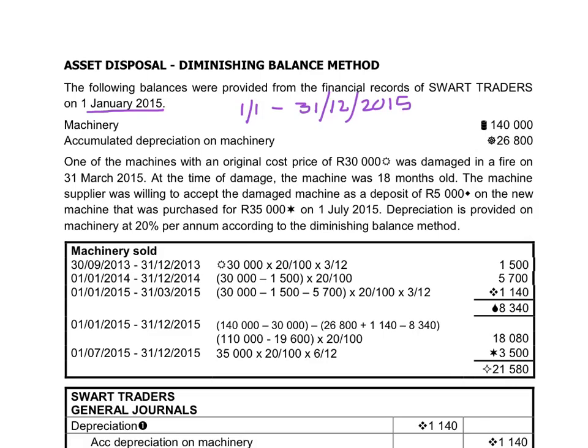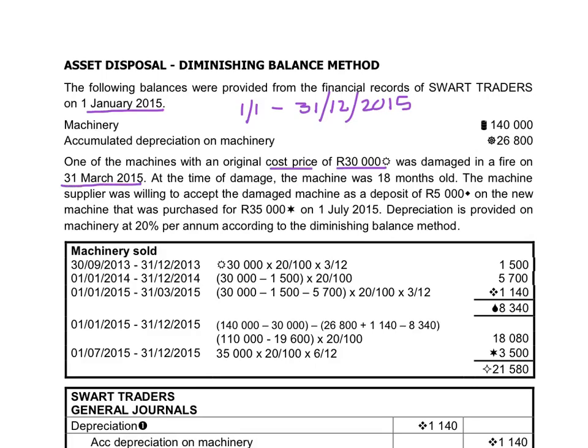Included in these machines are more than one machine, and we've already written off depreciation in previous years. One of the machines with the original cost price of 30,000 was damaged in a fire on the 31st of March.